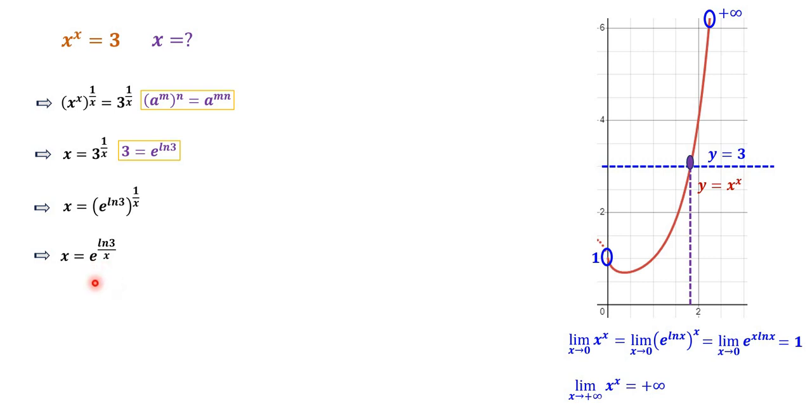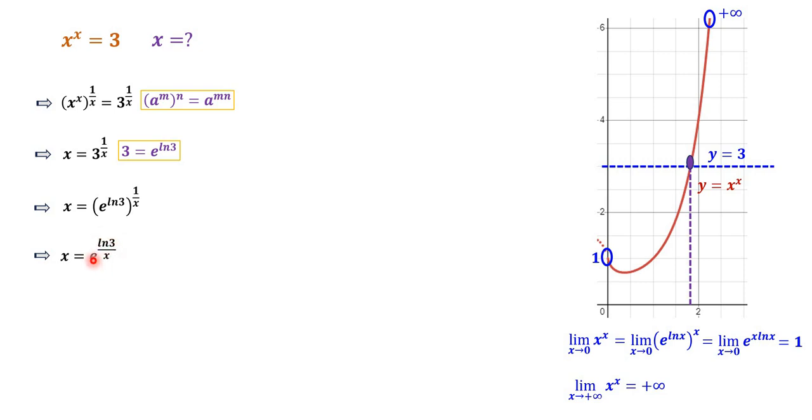Obviously this is a non-standard equation, so the idea is to use the Lambert W function to get the value of x. You see here is e to the power of ln 3 over x. So we need to make this equation into the format of something times e to the power of something.